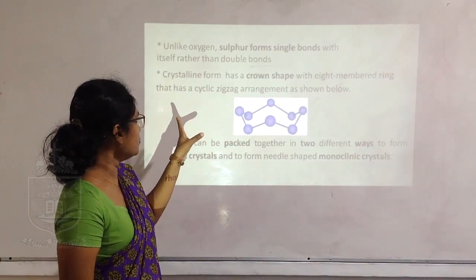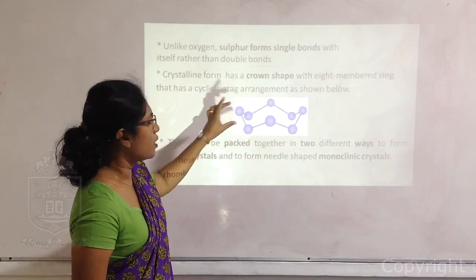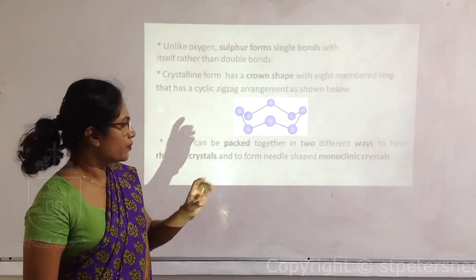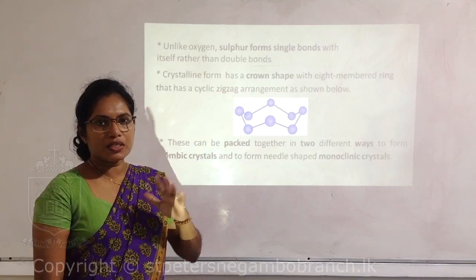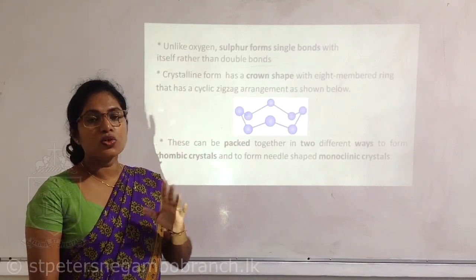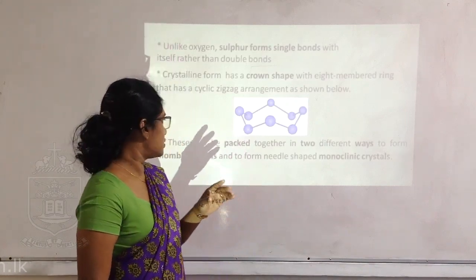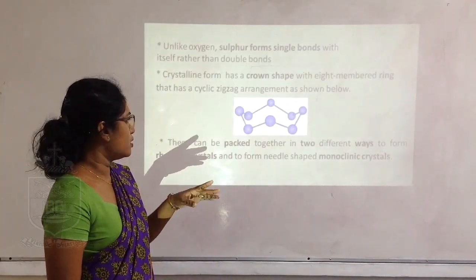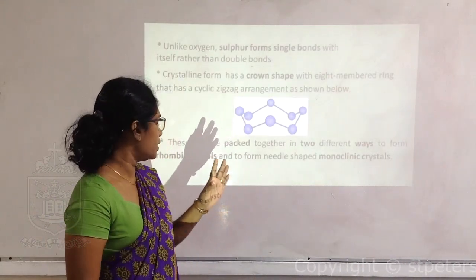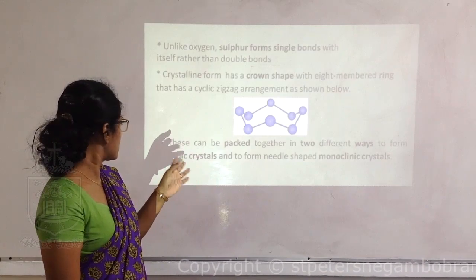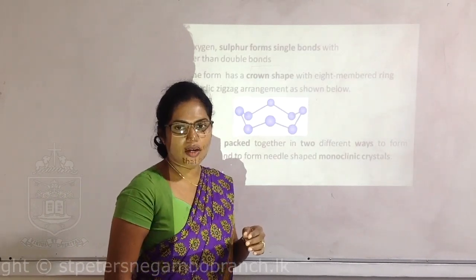In crystalline form, sulfur forms this crown shape structure, and this crown shape structure can arrange in 2 different ways. By arranging in these 2 different ways, it forms the 2 types of allotropes: rhombic and monoclinic allotropes.